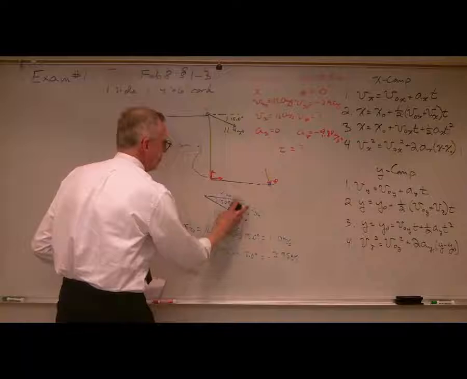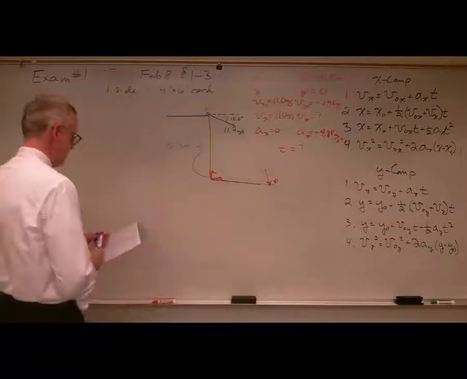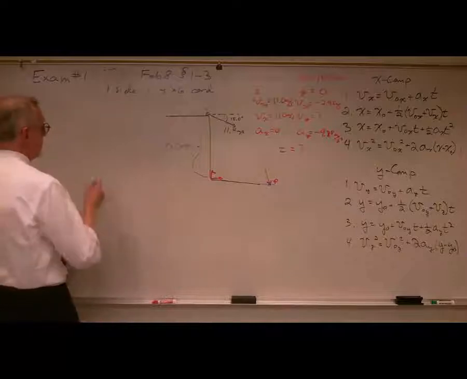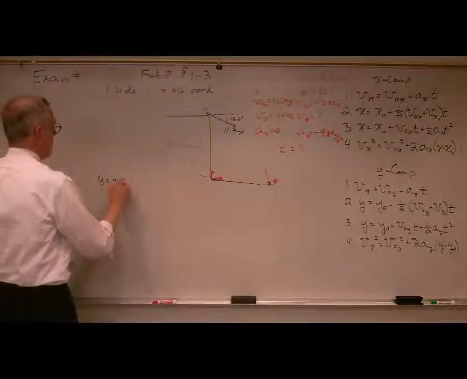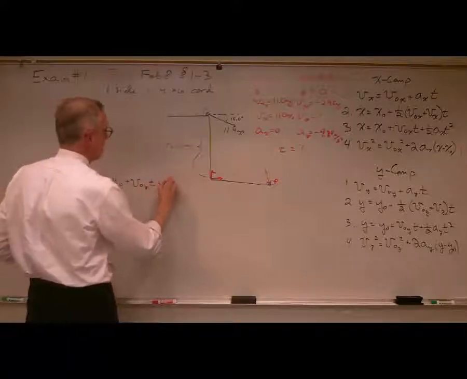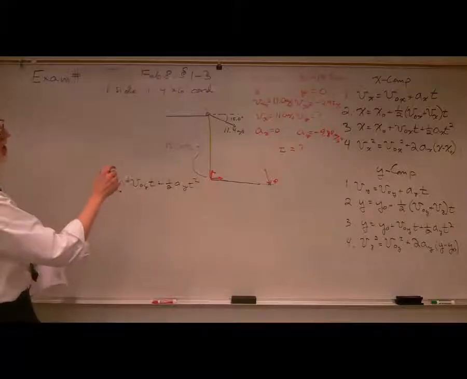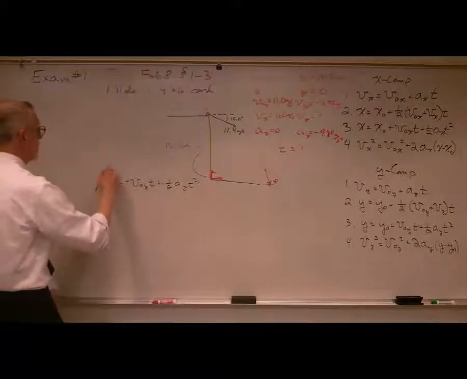Now, we've all got this, I hope, so I'm going to erase this. And let's look at equation number 3. So what do we have? We've got y equals y naught plus v naught y t plus 1/2 ay t squared. We've got that y is equal to 0.